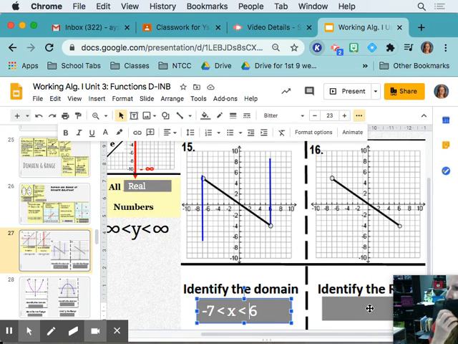Okay, and now the range is the y values. So now we want to go on the y-axis. Y-axis is your vertical. So you start at the origin and you go down on the y-axis. So how far down does the line go? -4. So let's draw a line on -4.